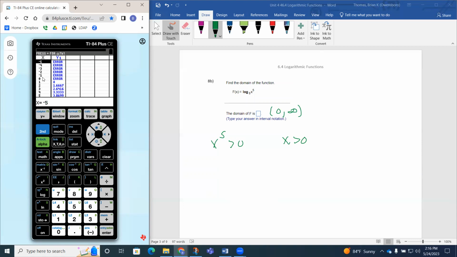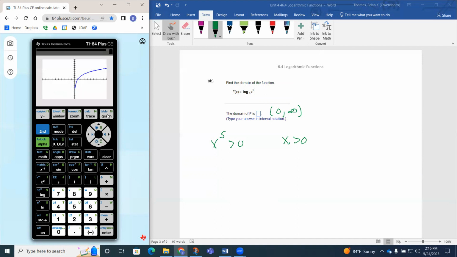So remember, that means I'm not associating a y value with the x value, and that's called a domain restriction. But notice that once you get past 0, you're starting to see output values or y values being located there. So that can verify it by looking at the table as well.